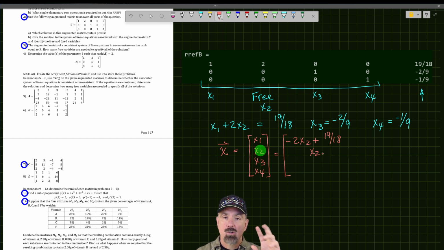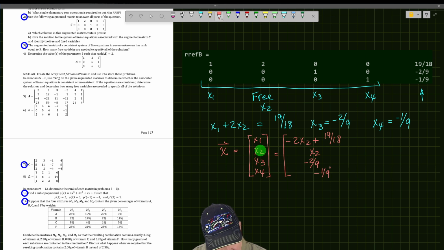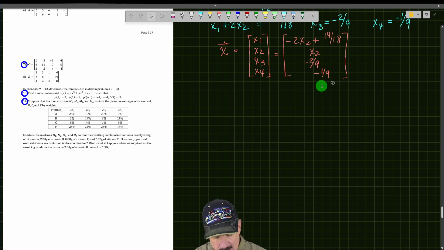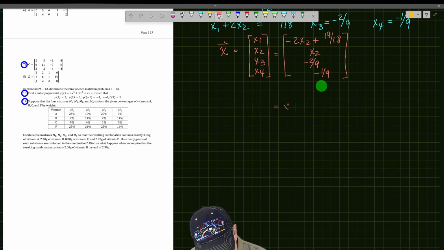And once we do this, you'll see that what we're really doing with this approach is the same thing that Strang does to construct special solutions. x3 we see is -2/9, and then of course x4 is -1/9. And so this is our vector here. And what we want to do is take this and break it apart so that the free variable is multiplied by some vector.